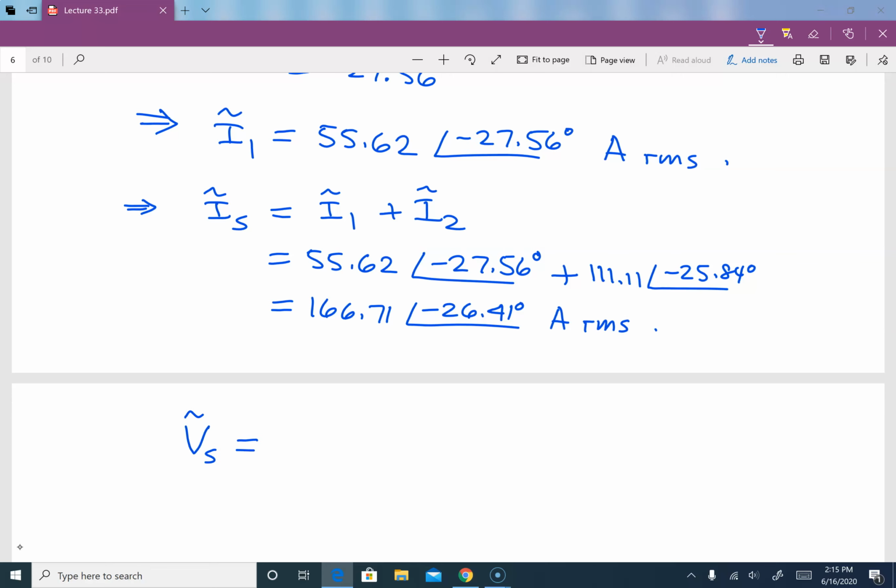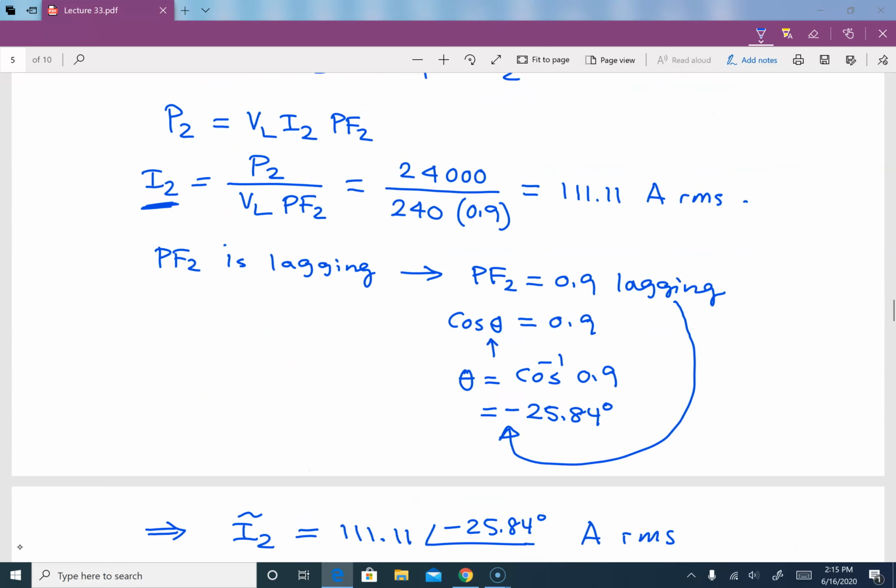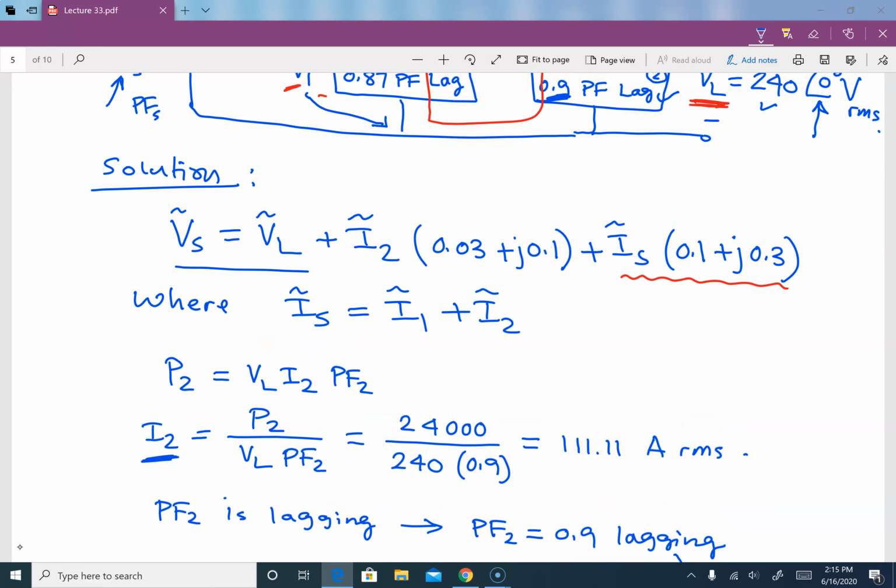So now we know IS, so we can find our VS. VS is equal to, substitute in the equation that we wrote at the beginning, which is this equation here.